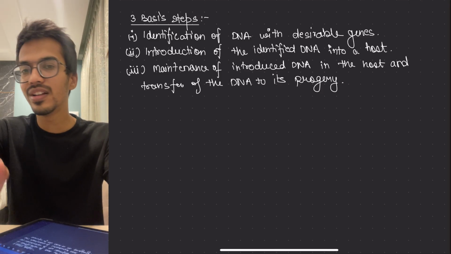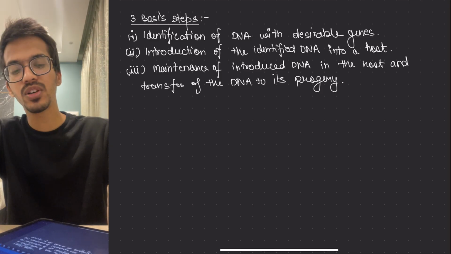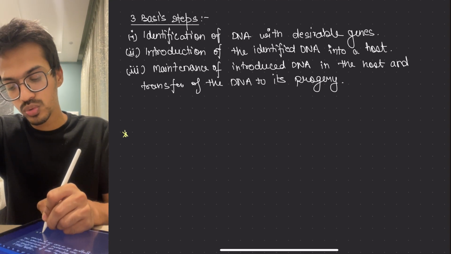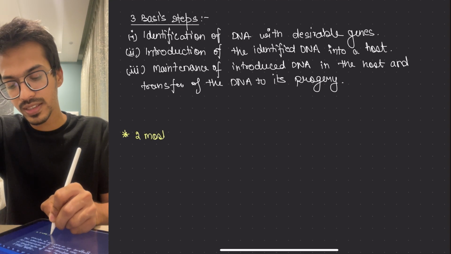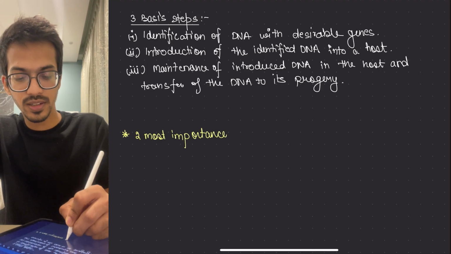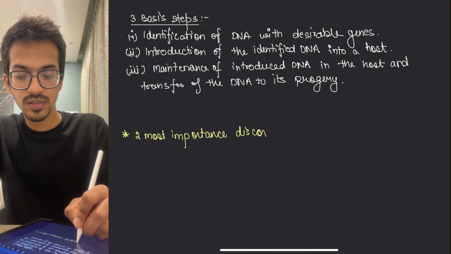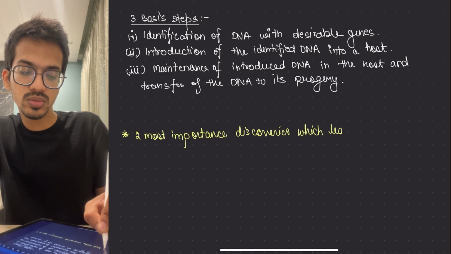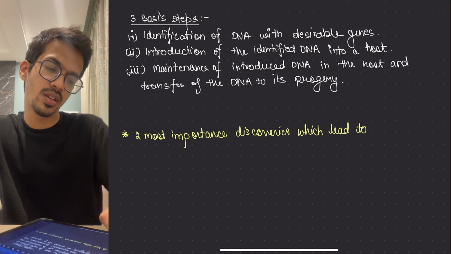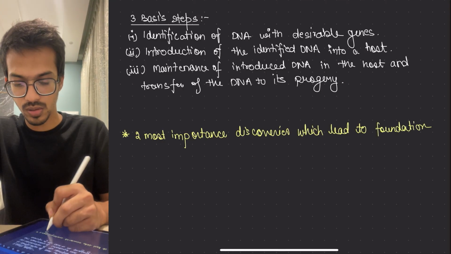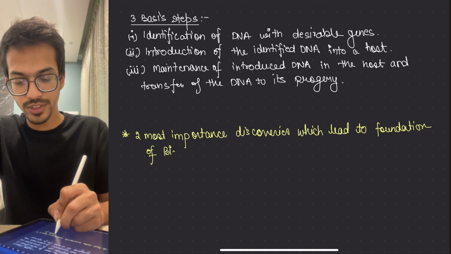What are they? We will learn it one by one, but here we're going to be writing these two things, the two most important discoveries which lead to the foundation of biotechnology.